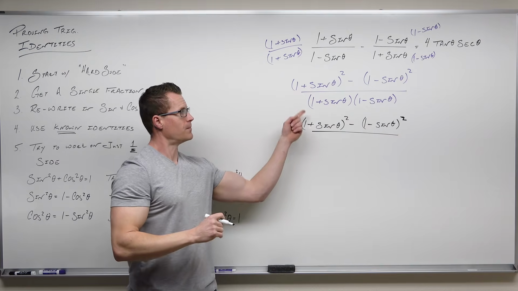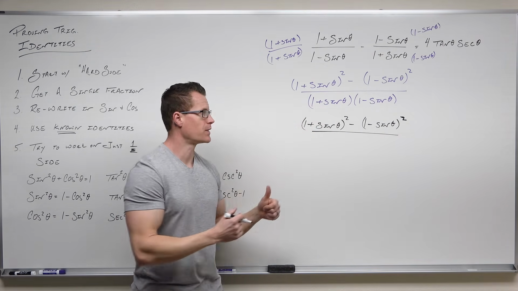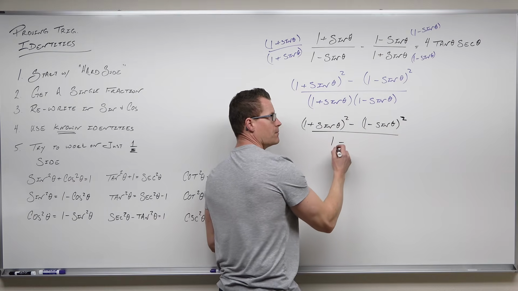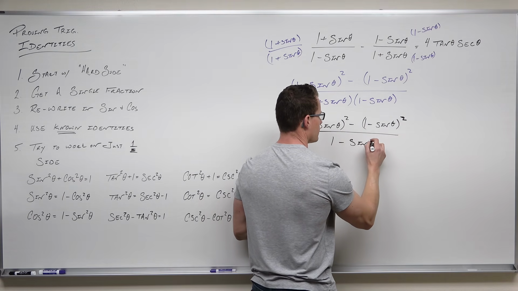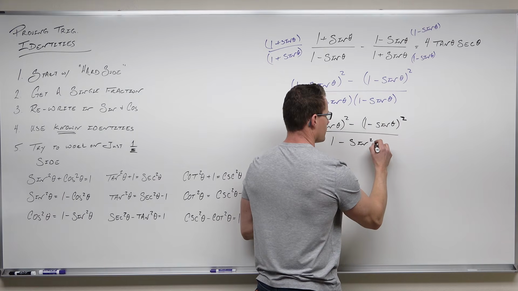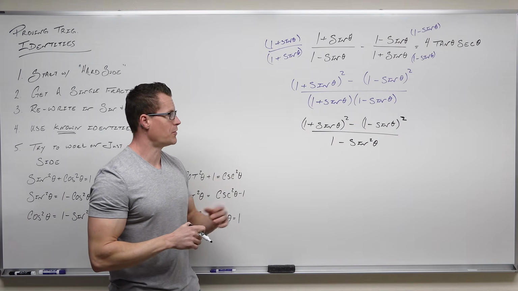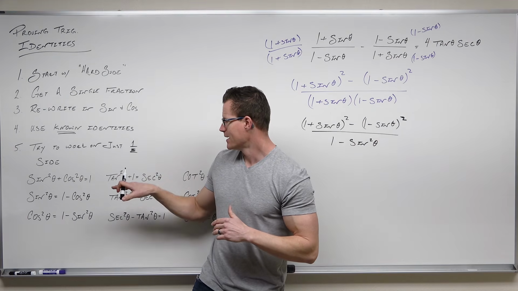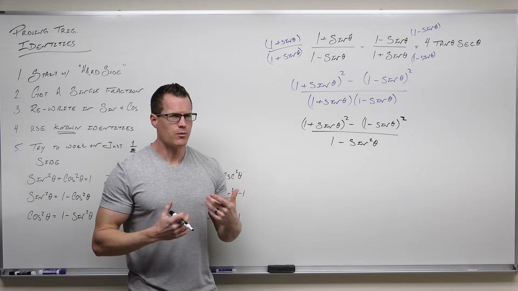So 1 minus sine theta plus sine theta, that's canceled, and then minus sine squared theta. So we're going to end up with 1 minus sine squared theta. Now that's a really good thing because this is an identity that says that we're going to have cosine squared theta on our denominator.